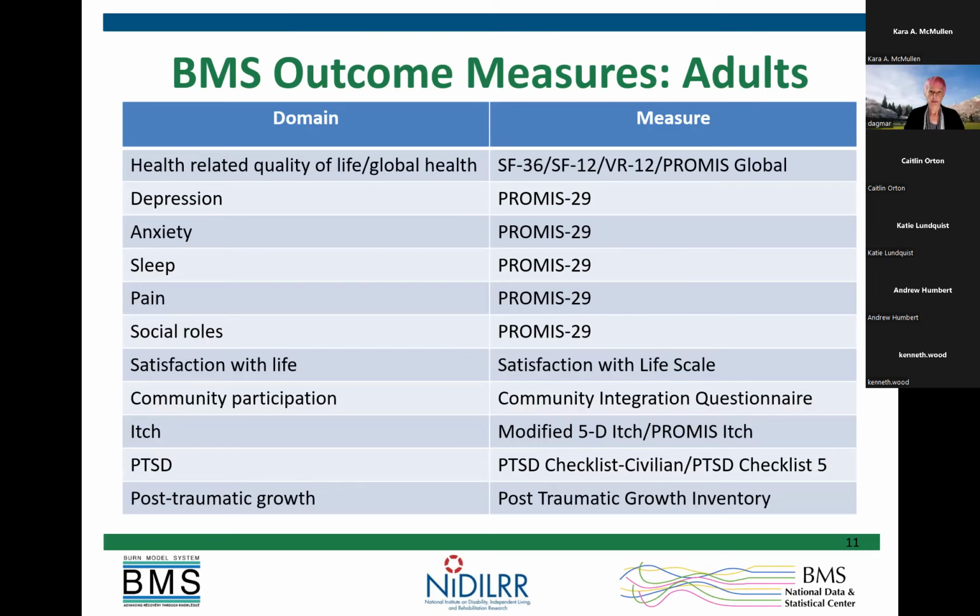And we try to only do that when we have a way of maintaining continuity of measurement, and that often includes what we call crosswalks. So for instance, in terms of health-related quality of life, we crosswalk SF36, SF12, VR12 scores into Promise Global scores, because Promise Global is what we use now.